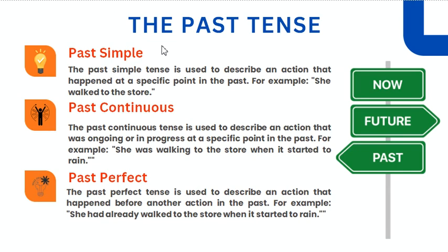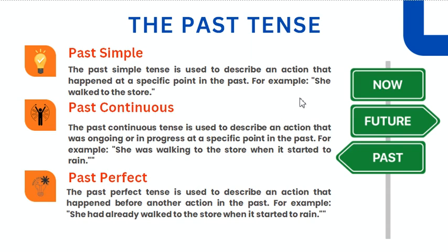Now the past simple tense is used to describe an action that happened at a specific point in the past. For example, she walked to the store. When you say she walked to the store, she walked sometime in the past. It may be yesterday or last week or a couple of weeks ago, whenever it may be, it is a specific point in the past.